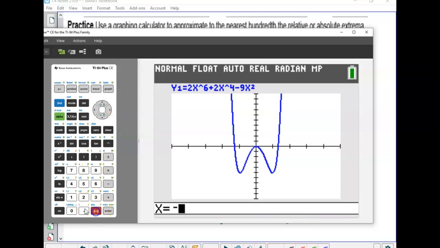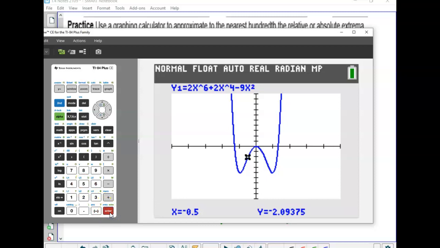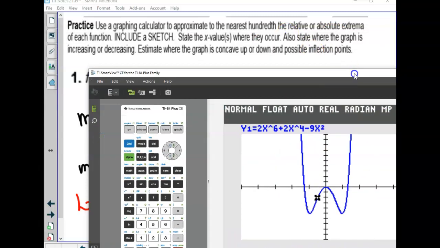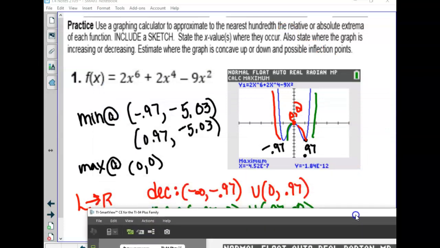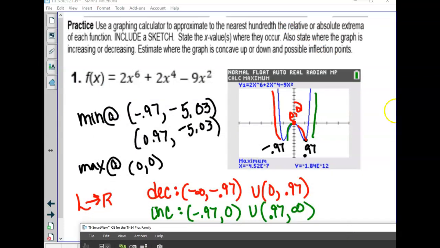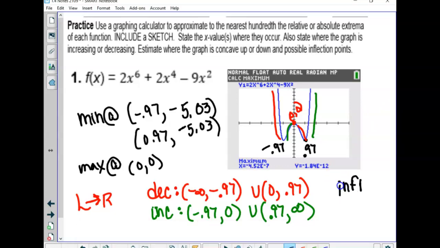Okay, so if I type -0.5, that's what I'm going to put down as my inflection point. I am estimating that the inflection point is, please make sure you're on the actual graph, not just tracing around in the middle of nowhere. That's why I pushed the trace button and typed in a number. So inflection point, and can anybody tell me what it was?